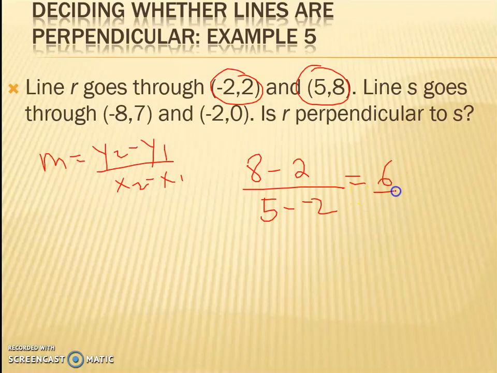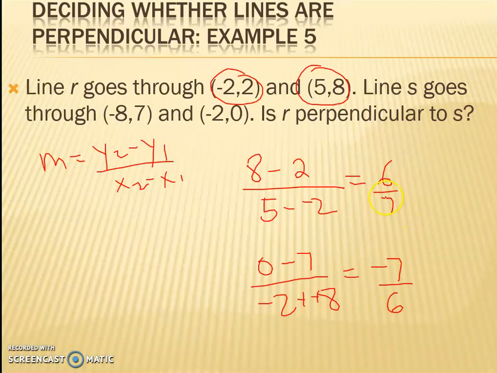That's 6 over 7, so that's the slope of R. Now the slope for S: 0 minus 7 over negative 2 minus negative 8. That is negative 7 over positive 6. So are they negative reciprocals? Did you flip? Are they reciprocals, and one is positive, one is negative? Yes. So these two are perpendicular, R and S.